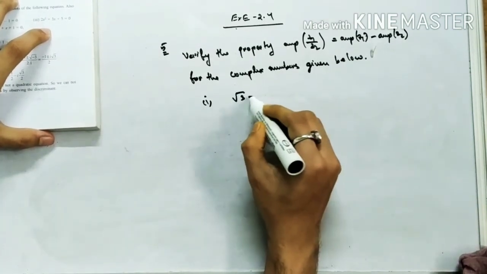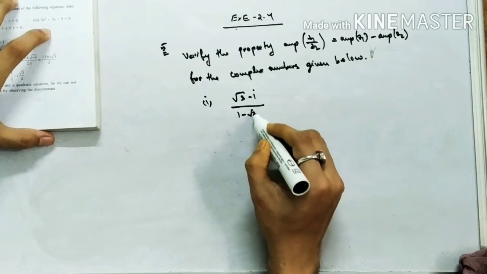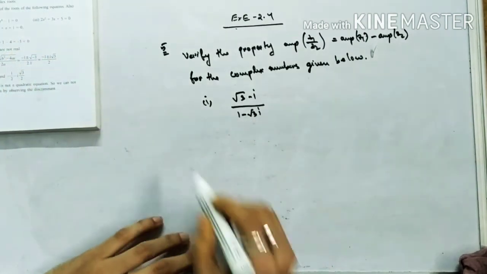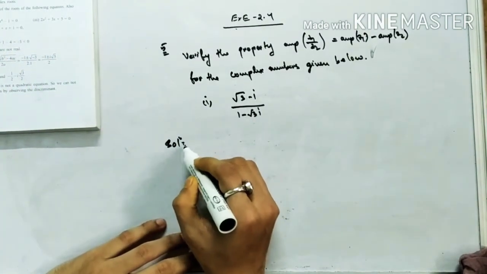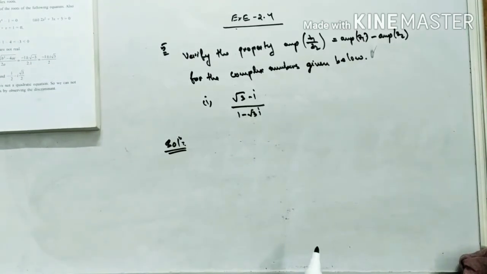First one, root 3 minus i by 1 minus root 3 i.